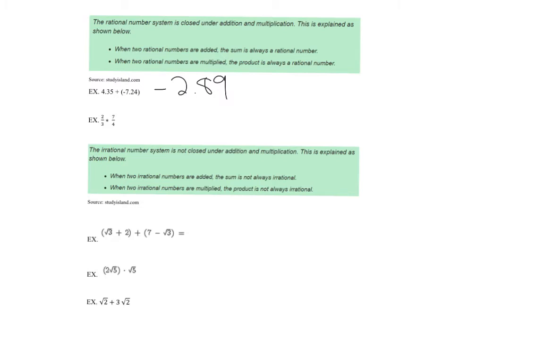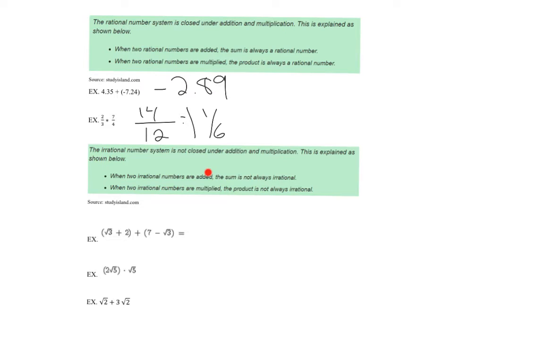And then if you multiply those two fractions, 2/3 over 3/4, that's 14 over 12, which reduces to 1 and 1/6. 1/6 is a repeating fraction, 0.166666666 forever. And so that means this is a rational number also. But the irrational number system is not closed.